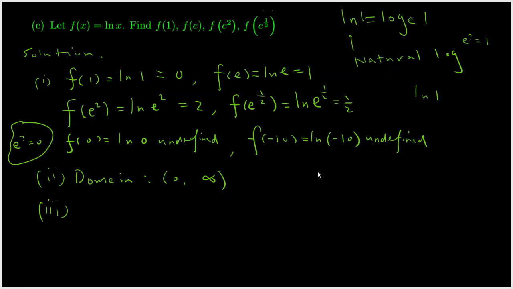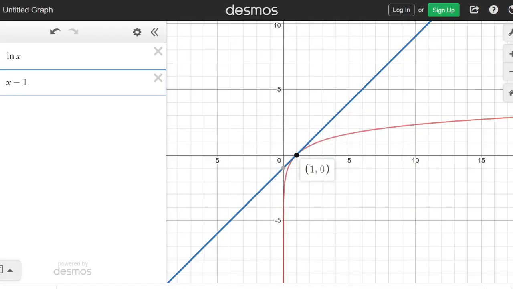For this function, I was just trying to say the graph. So the graph, I showed you the graph as shown. Lastly, the range. In most cases, using the graph of the function, you can see the range.